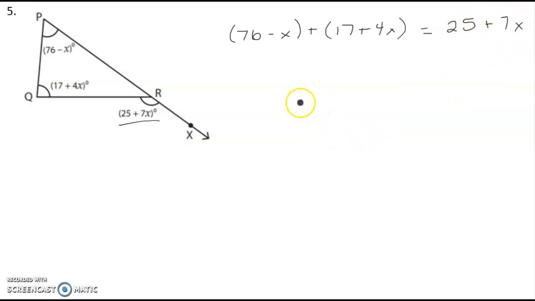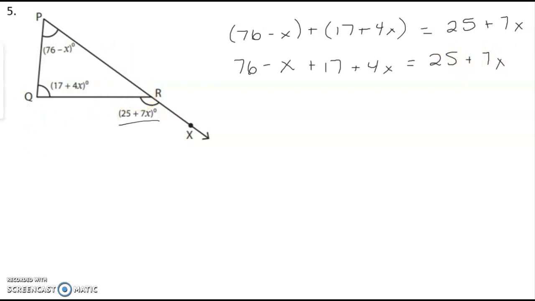Okay, so now I'm going to rewrite these without the brackets, okay, because we are just adding. It's not changing anything inside the bracket, so it's just 76 minus x plus 17 plus 4x equals 25 plus 7x.